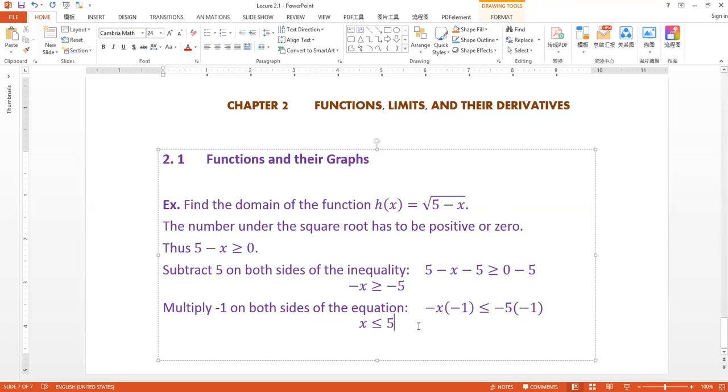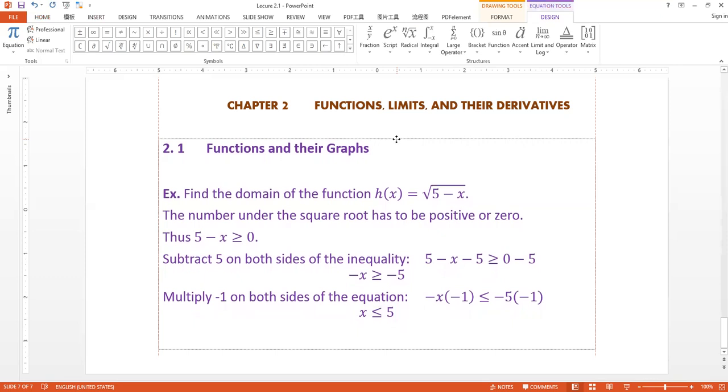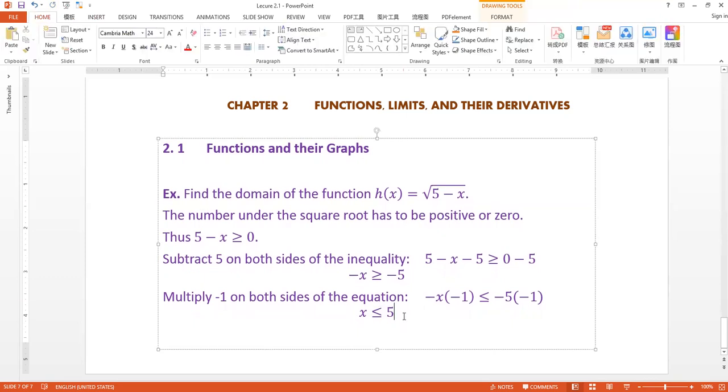Okay. And we can also write the solution in other notation. So this is the inequality notation. We can also write the answer in the set notation. The answer will be this. Okay.